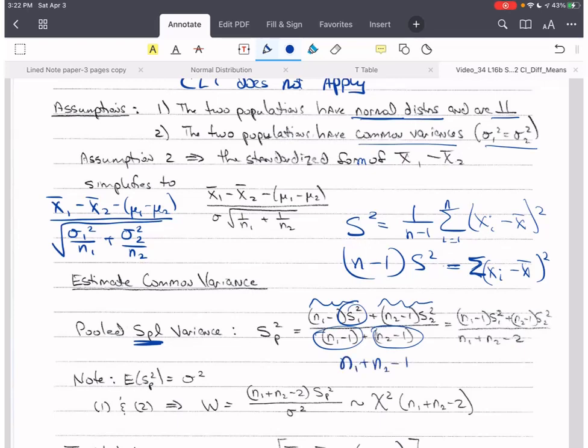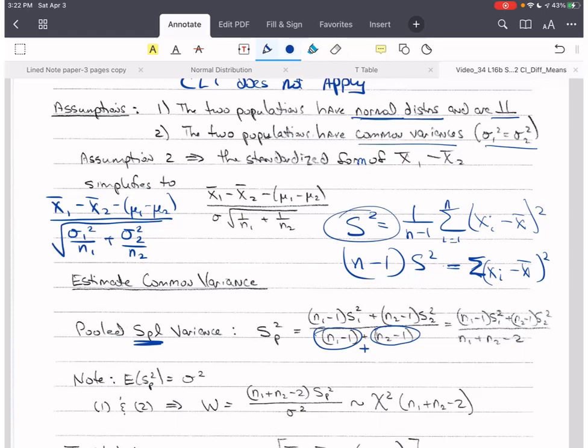We should divide it by n1 plus n2 minus 2. We've added up the degrees of freedom in the denominators. It's the same thing, right? And this matches up. It's a logical extension of this formula for s squared.